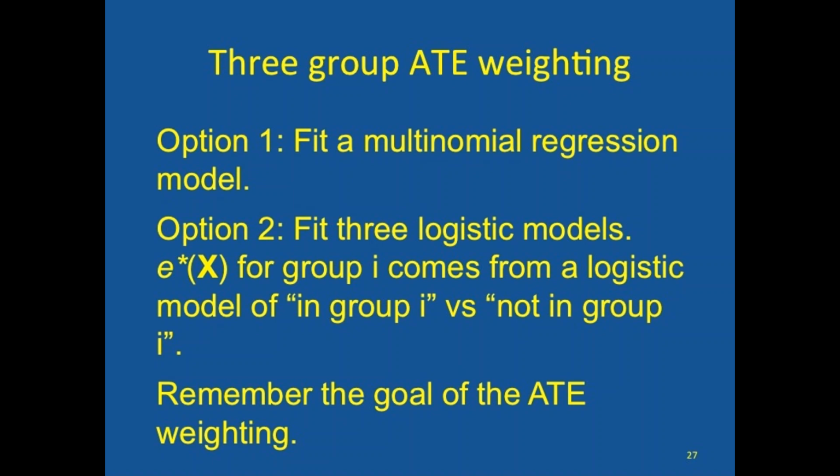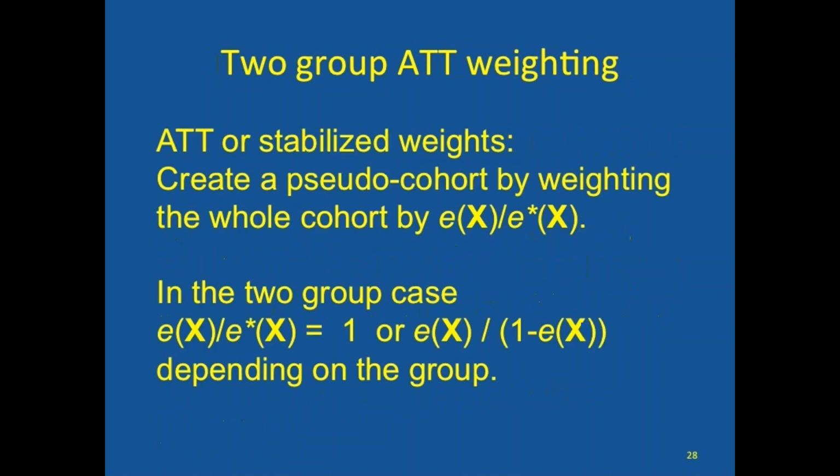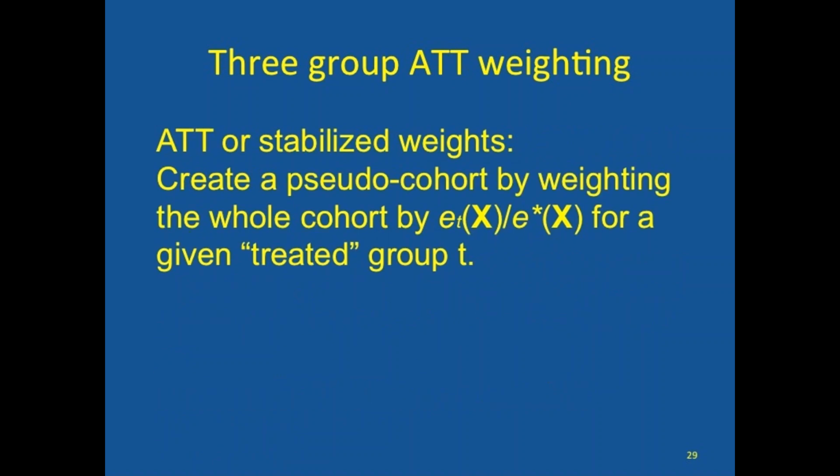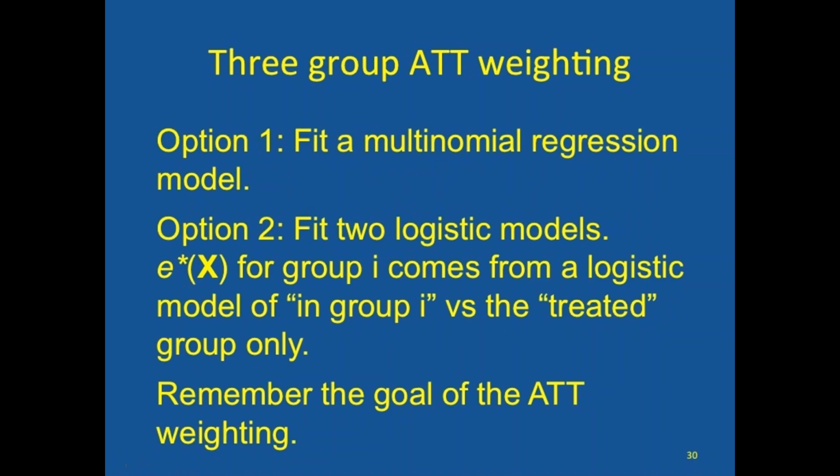However, under the ATT, you're saying you pick a group, and then it would be versus the treated group. Oh, and it's just 2 models here. In this case, we only have to fit 2 models. So you can say in group A versus the treated group.